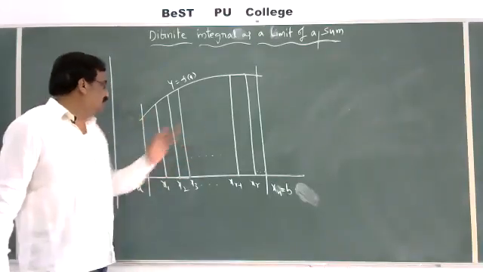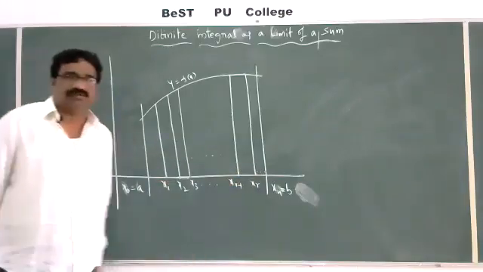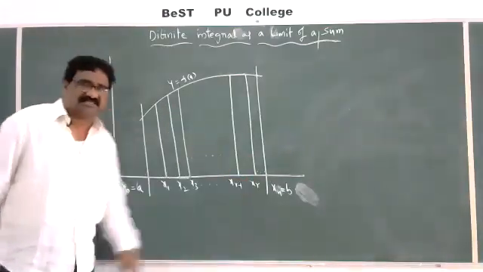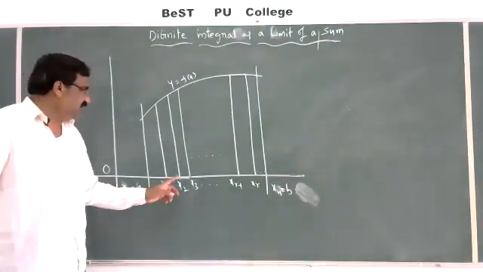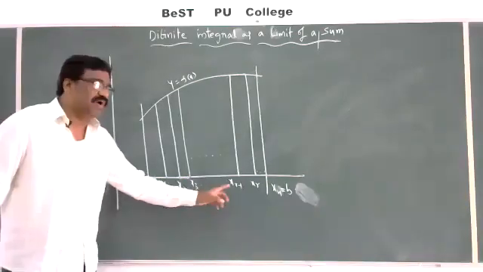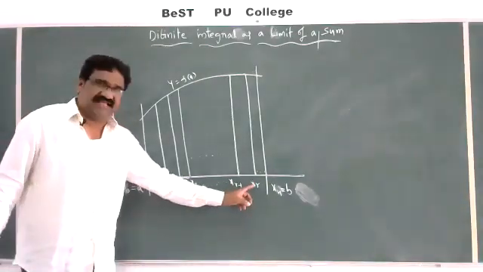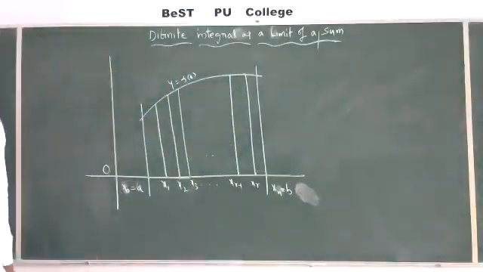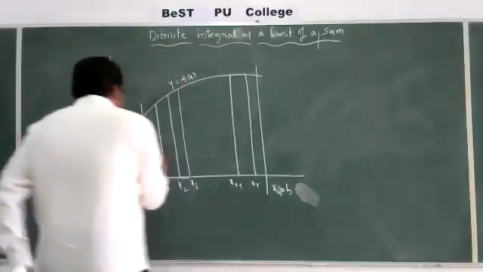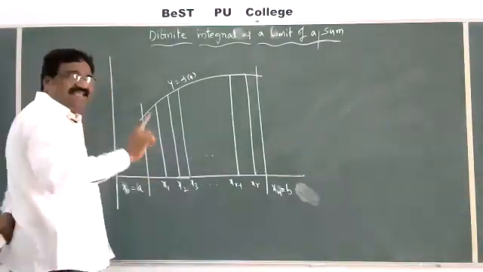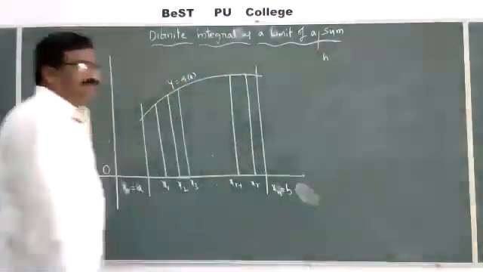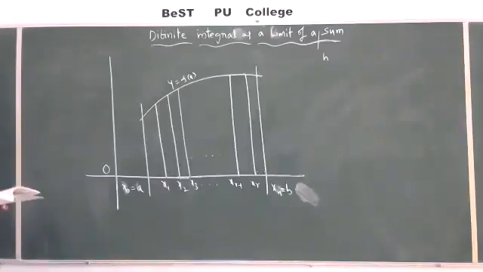You make this graph in between x is equal to a and x is equal to b into n equal intervals. Here the width of each interval is equal, you take it as h. Width of the interval is h, right?